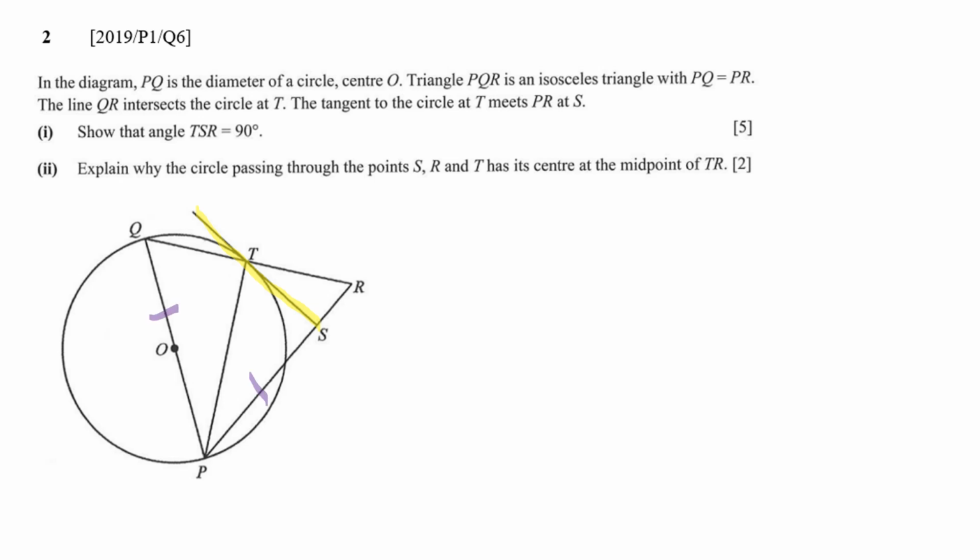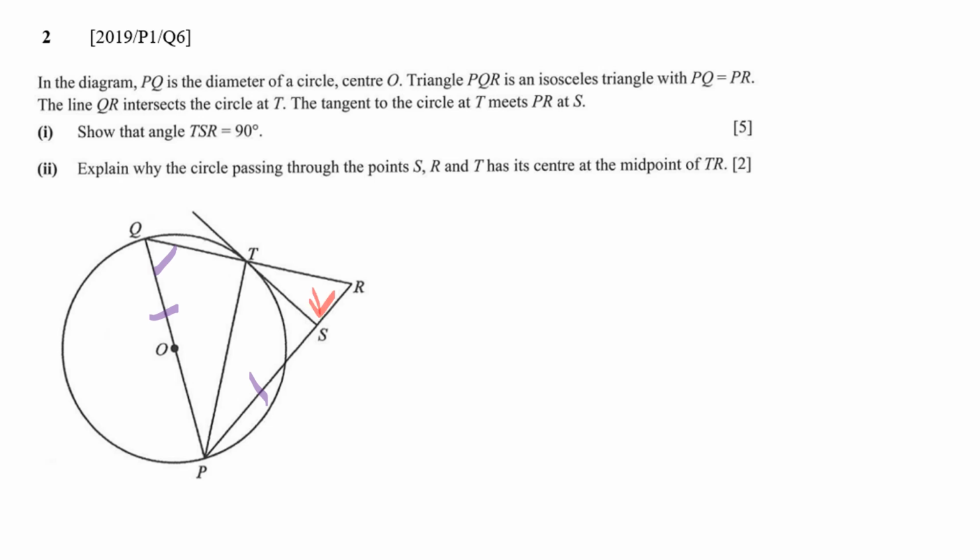What does it mean by saying PQ equals PR? It means that these two angles would be the same. And what are we supposed to find? We're supposed to show that angle TSR is 90 degrees. So we're supposed to prove that this angle here is 90. It's not 90 yet, we need to prove it.